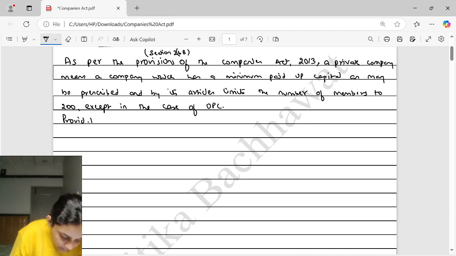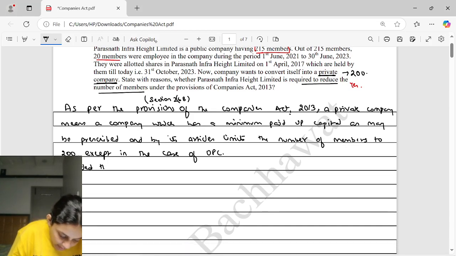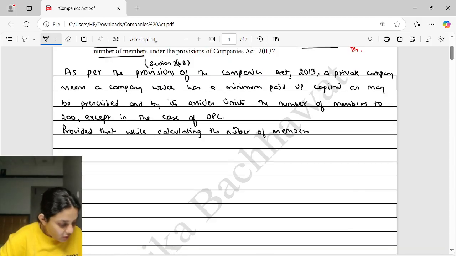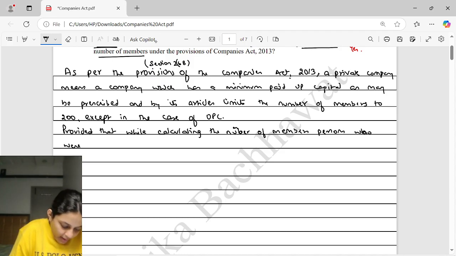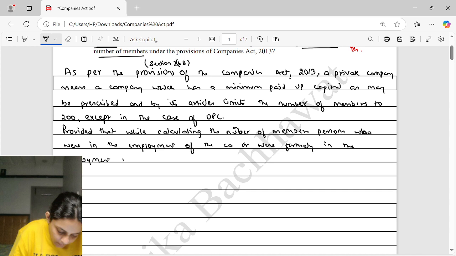Provided that, while calculating the number of members, please ignore my spellings, persons who were in the employment of the company or were formerly in the employment of the company are excluded.